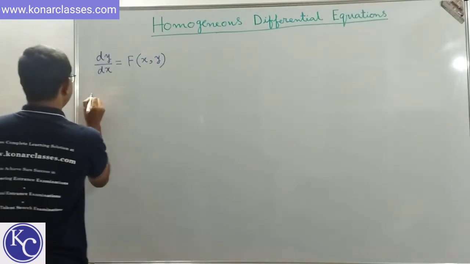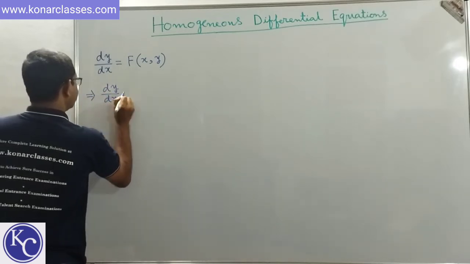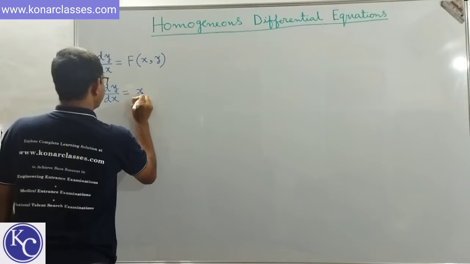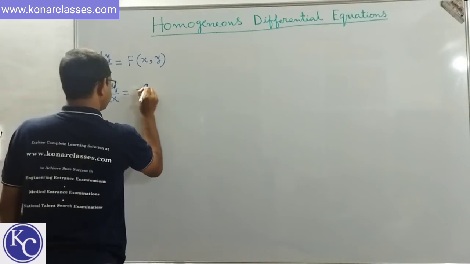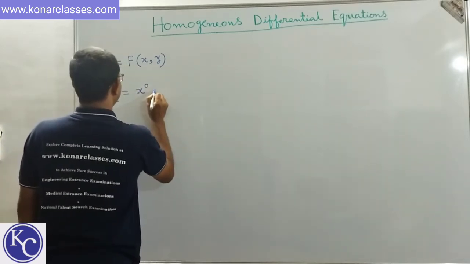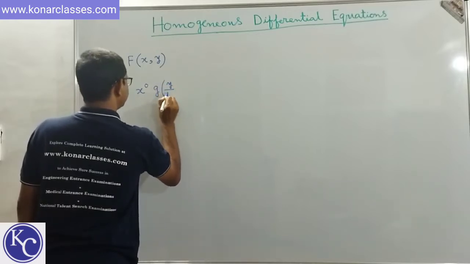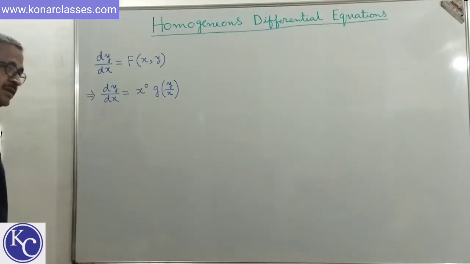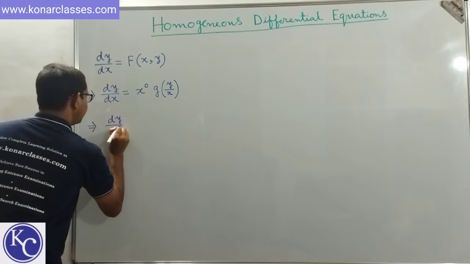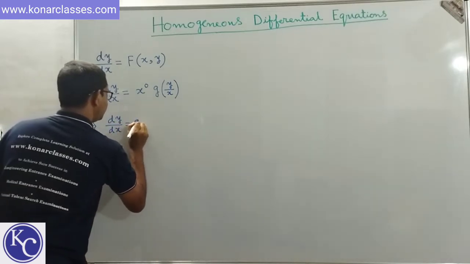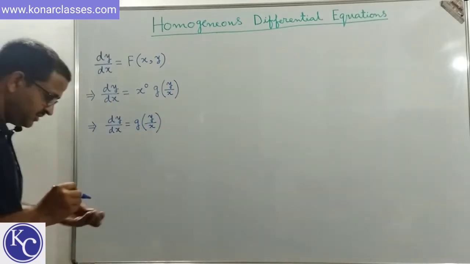That means you can express this f(x, y) as x to the power n, sorry, homogeneous function of degree 0 means the specific value of n is 0, times a function g(y/x), correct? That means in simple terms we are able to express dy/dx is equal to g(y/x).